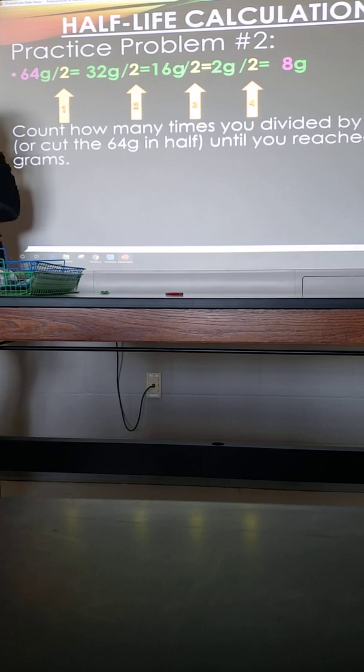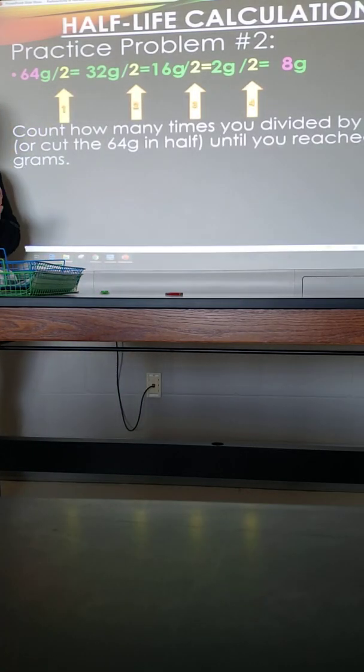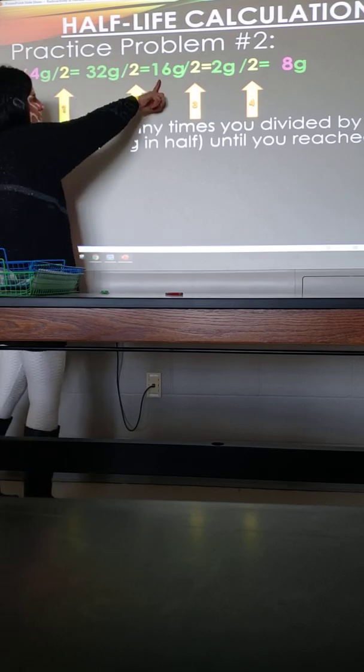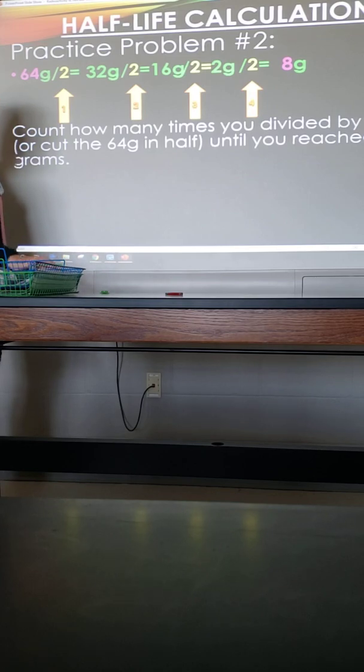Yeah, so cross out the 4, right? Do you have the 4 in there too? Okay. Dang it. All right, so 64 to 32 to 16, and we end up with our 8 grams.